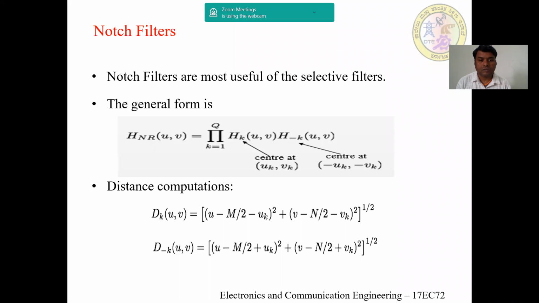Distance calculations for each filter are carried out using the expressions D_k(u,v) = [(u - M/2 - u_k)^2 + (v - N/2 - v_k)^2]^(1/2), and D_-k(u,v) = [(u - M/2 + u_k)^2 + (v - N/2 + v_k)^2]^(1/2).